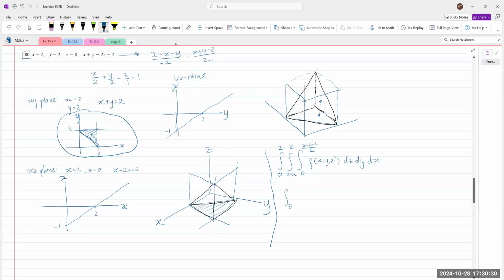If we change the order of integration, it becomes dz dx dy, from 0 to 2, 2 minus y to 2, from 0 to (x plus y minus 2) over 2.